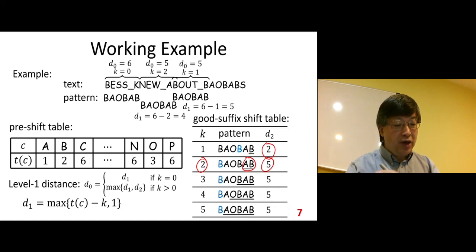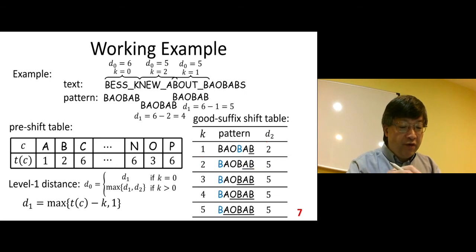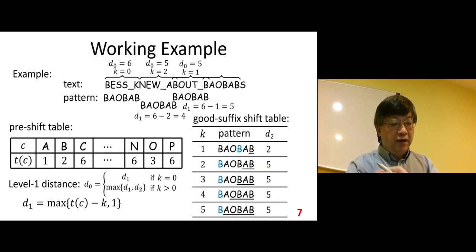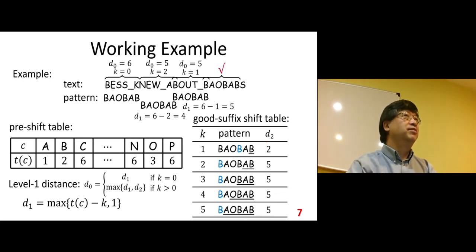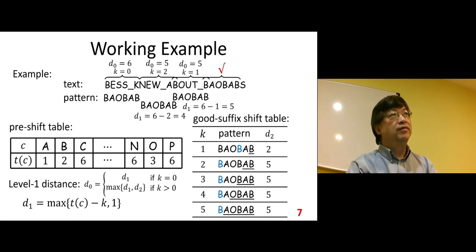So D0 takes D1, 5, because D2 is smaller. Then we should jump 5 characters. When we jump here, we compare one by one, and we find a match, because we get to the right place.